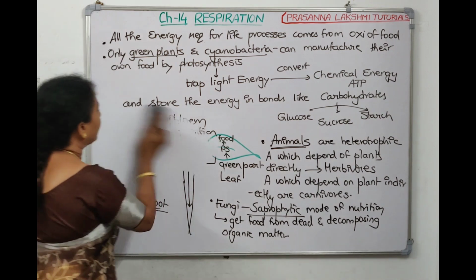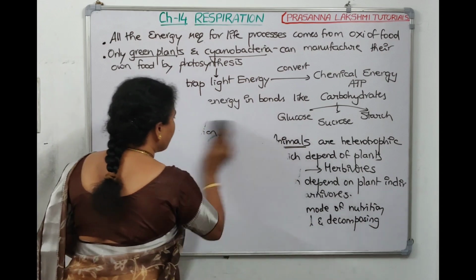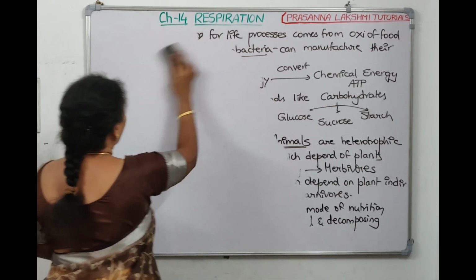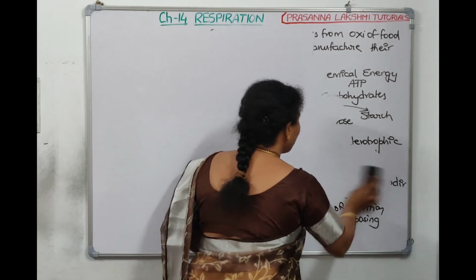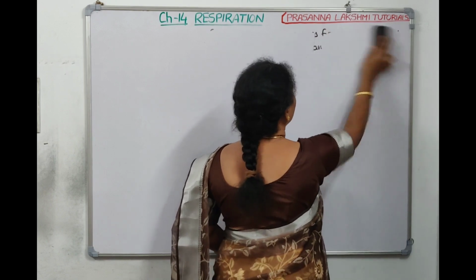Right? So we can tell that all the food for the life processes comes from plants only. On the earth, what are those organisms which can manufacture the food? Means plants only and only plants.